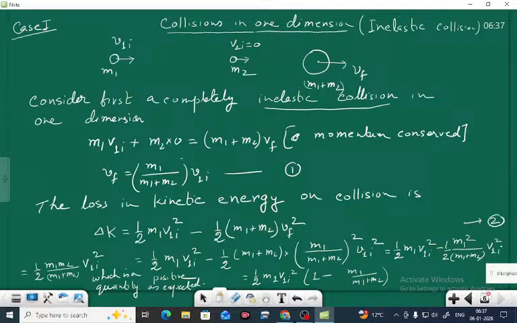Now we'll define another collision, that is the elastic collision. This is the change in momentum, and this is the loss in kinetic energy, 1 by 2 m1 m2 divided by m1 plus m2 v1i square.